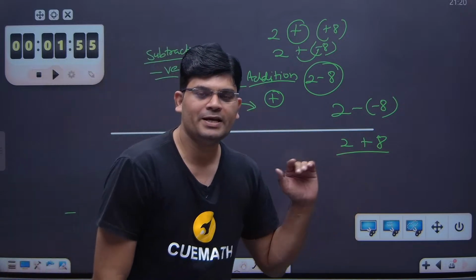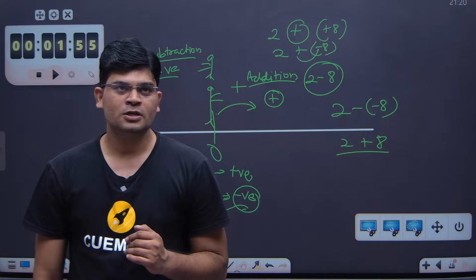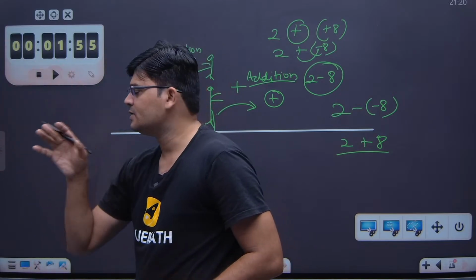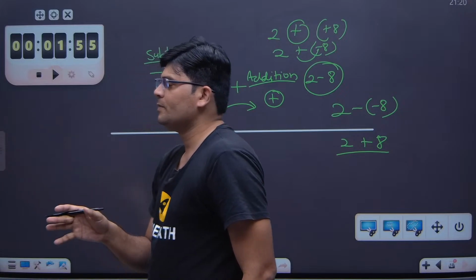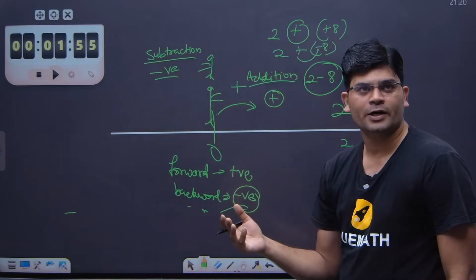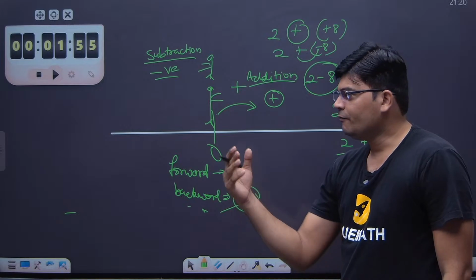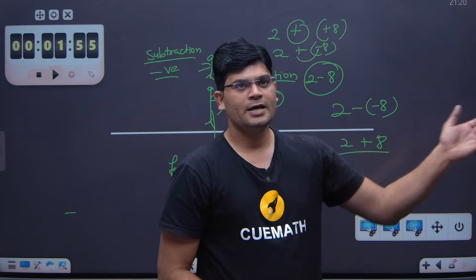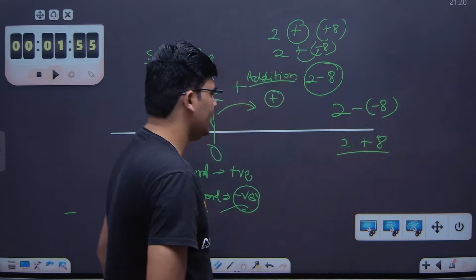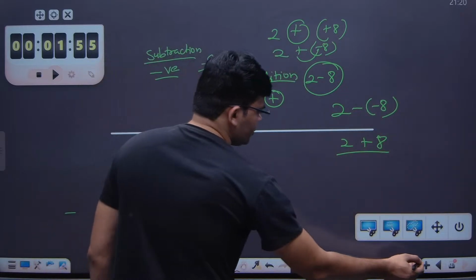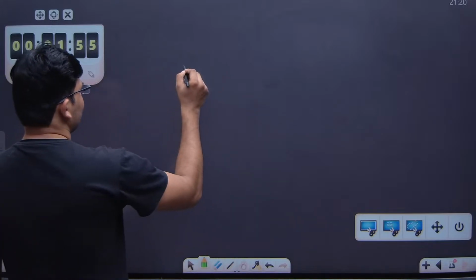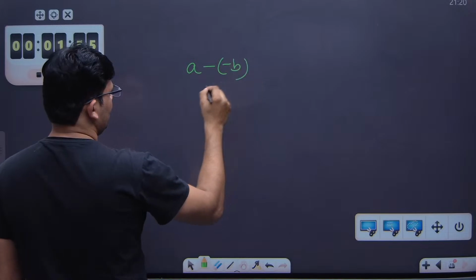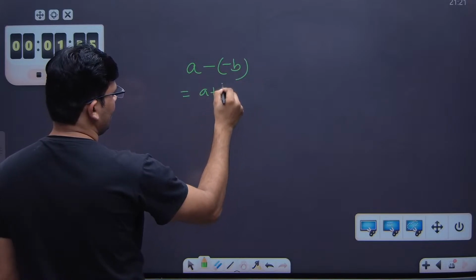Why is minus of minus plus? Because minus means I am facing towards the left, but minus 8 means I am moving backward, not forward. So when I face towards negative but move backward, I reach the same place as moving forward while facing towards the right. So in conclusion, A minus minus B is equal to A plus B.